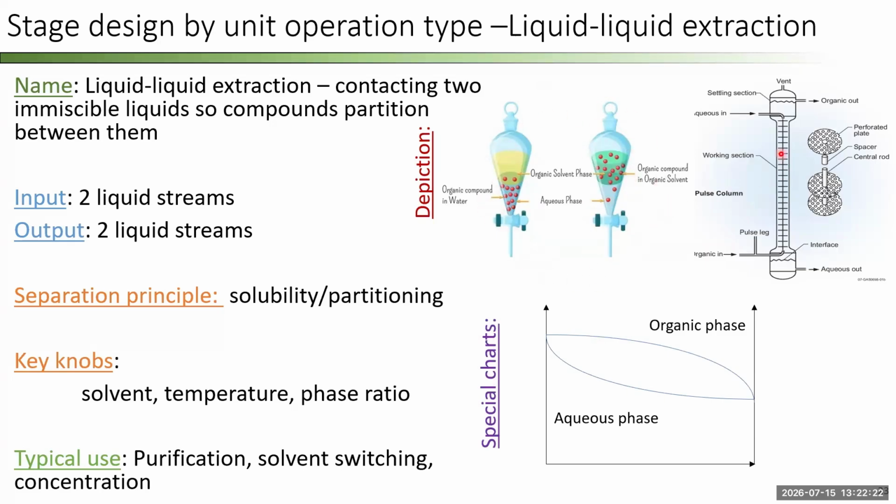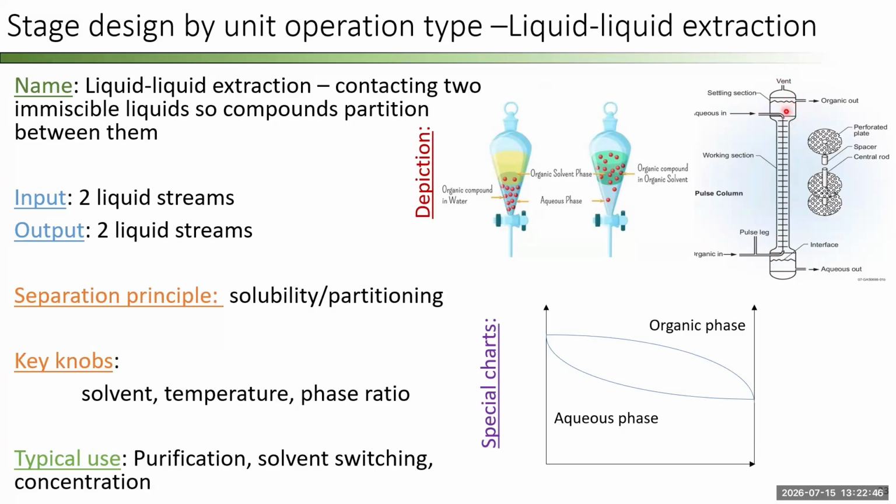We can do this in burettes, but we can also do this continuously. Look at a system where I have an organic, which is pumped in, that would come out, move up through a bunch of spacer plates. It would contact the organic phase, which is coming down. At the bottom and the top, I have settling tanks.